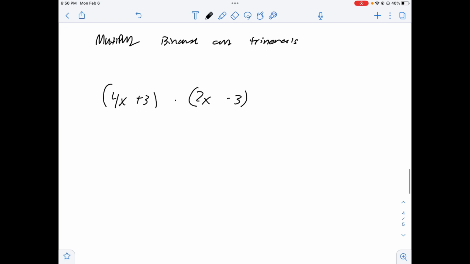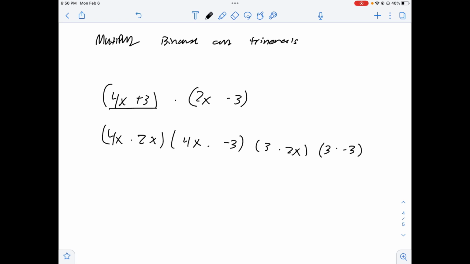So how would you do that? You would do 4x times 2x, and then next is 4x times negative 3. And then next you do 3 times 2x, moving on to the second term, and then the last term is 3 times negative 3.